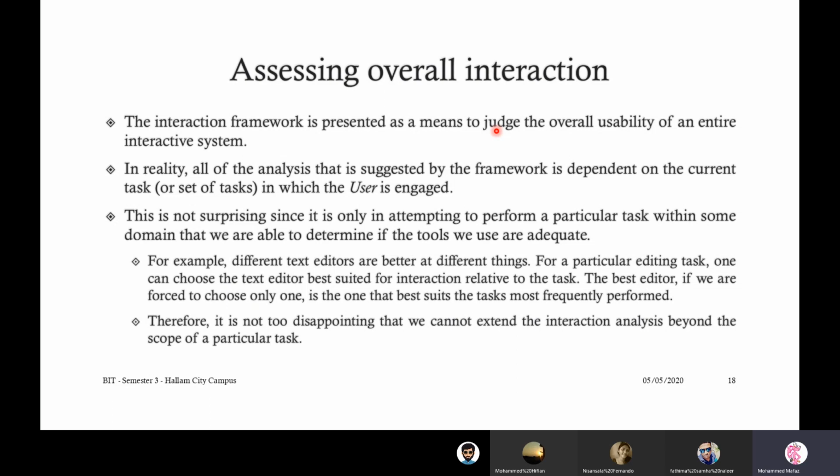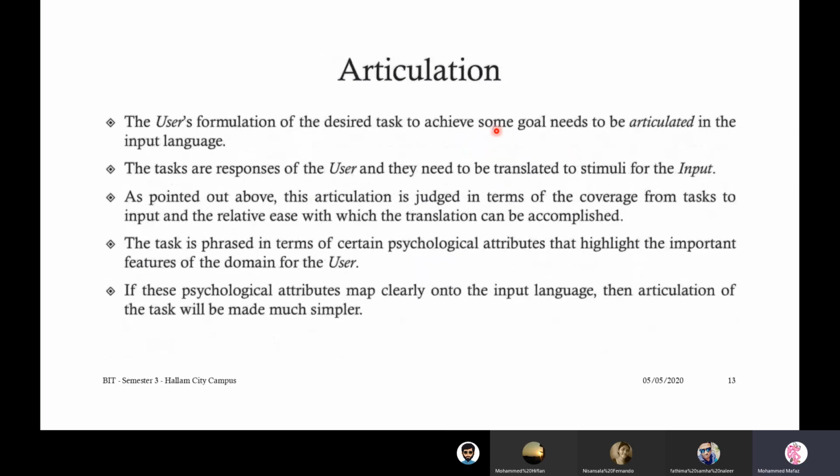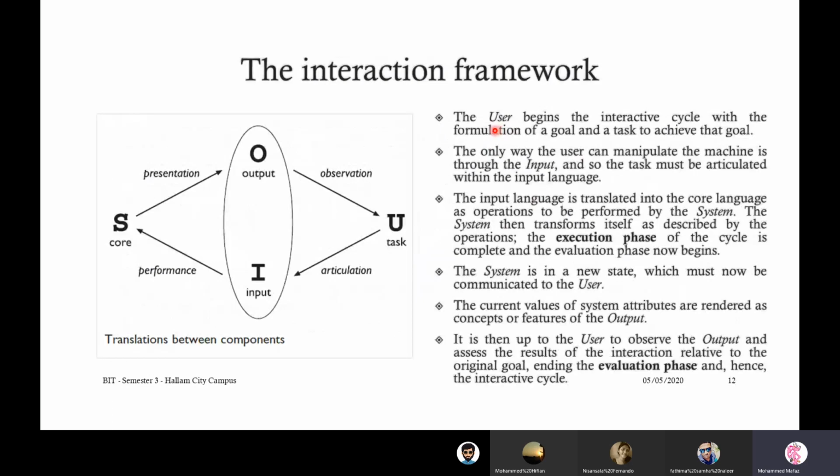The other one is the general interaction framework, which has these 4 components and 4 stages: articulation, performance, presentation, and observation. So if you are able to revise these sections and have a good understanding of this, you can easily answer the questions in the paper.